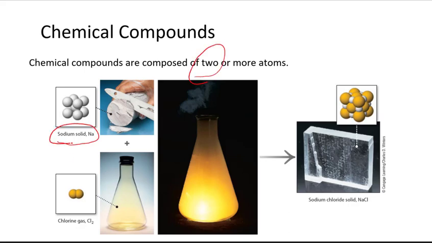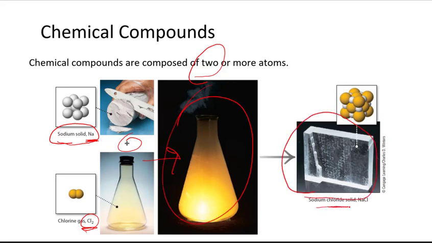When I have solid sodium, so Na plus chlorine gas, and chlorine, remember, is a diatomic molecule, so Cl2, we can see the reaction that it creates, and it makes sodium chloride, which is solid NaCl, and we can see the structure of Na and Cl, and then Na and Cl, and it makes a solid structure.